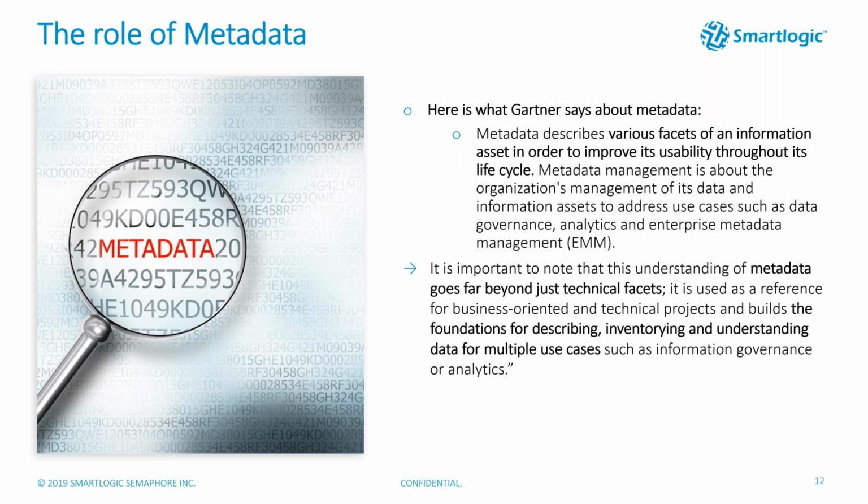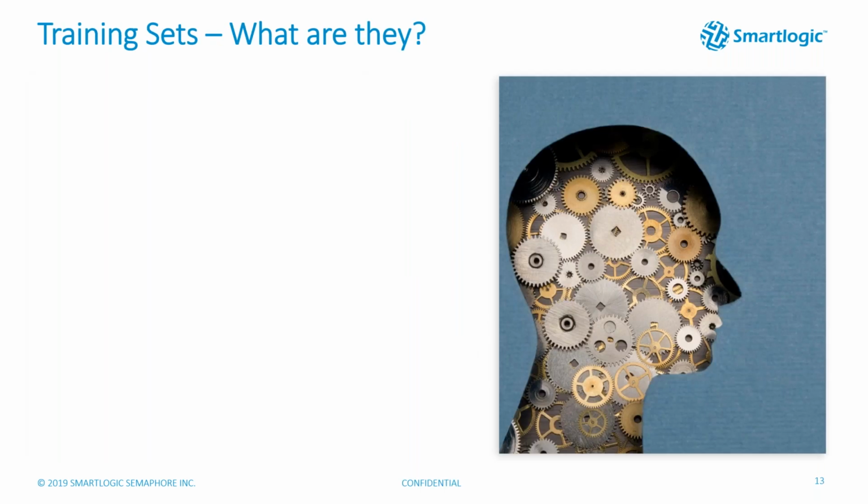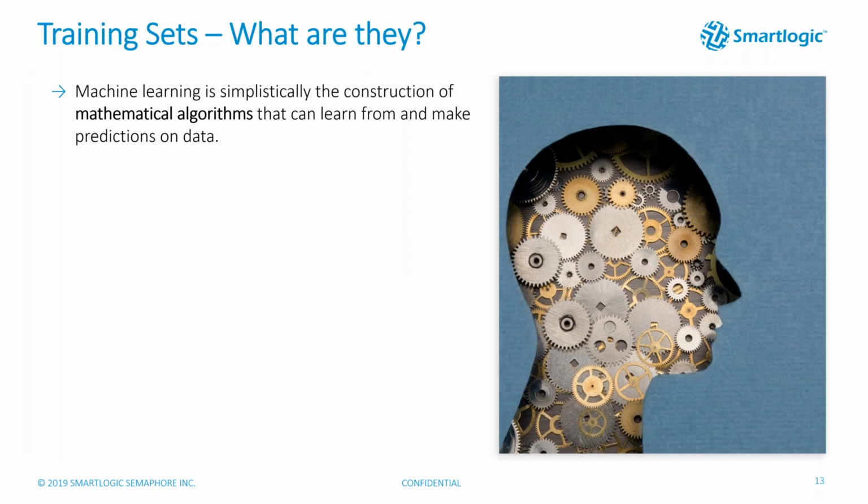The second subject I wanted to go through is machine learning and training sets. And what are they? Very simplistically, machine learning is the construction of mathematical algorithms, so maths and statistics, and we've mentioned the polynomial theorems that we use, that can learn from and make predictions on data.